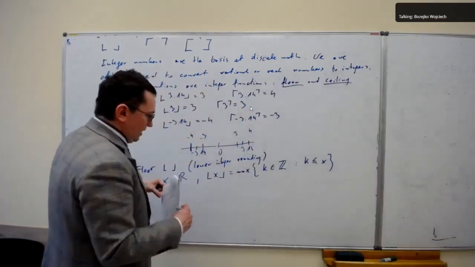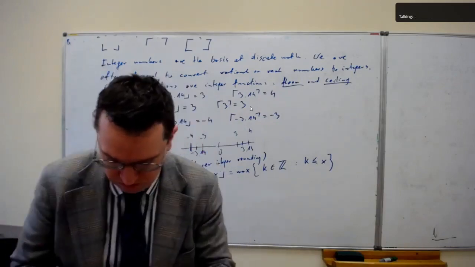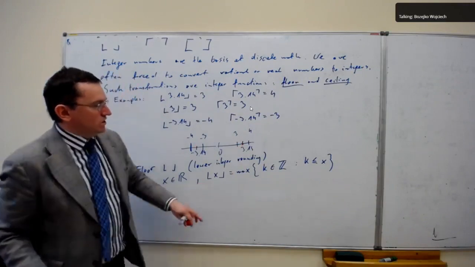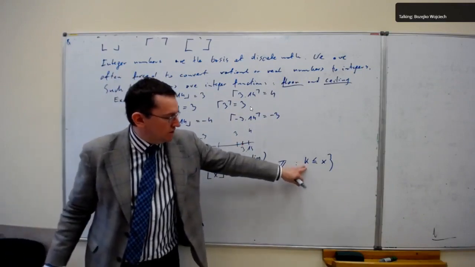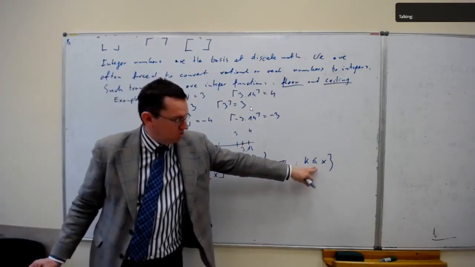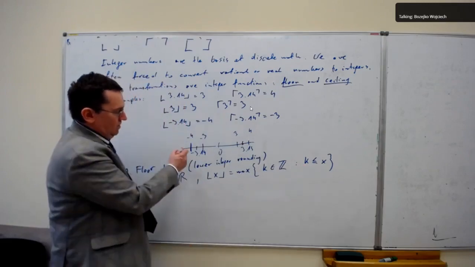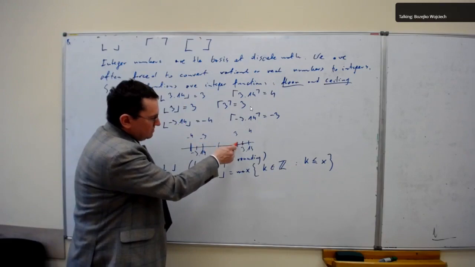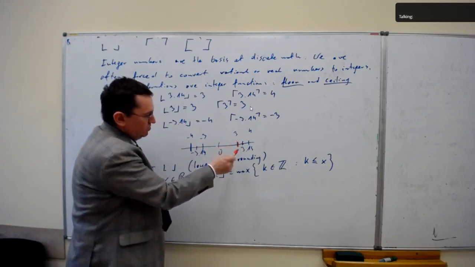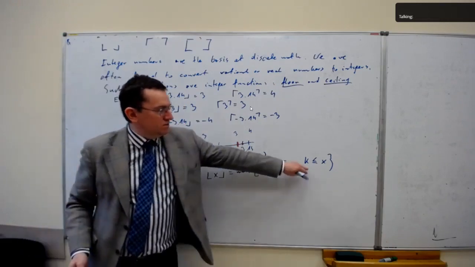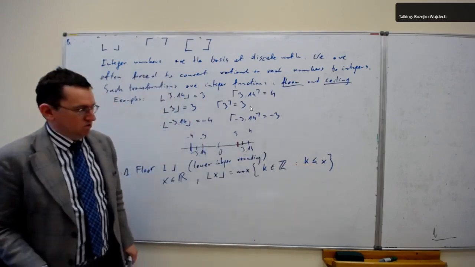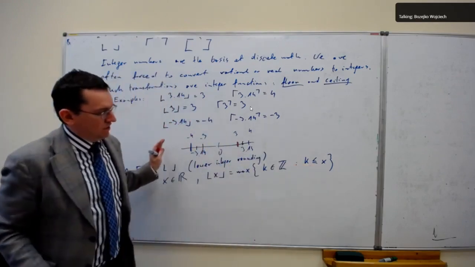So if we have a number like here, we take the integer number which is lower or equal, and it is maximal. So -7, -6, 0, 1, 2, 3 is maximal from them, because the next one, 4, doesn't fulfill this inequality. So this is the maximal one we can take here.